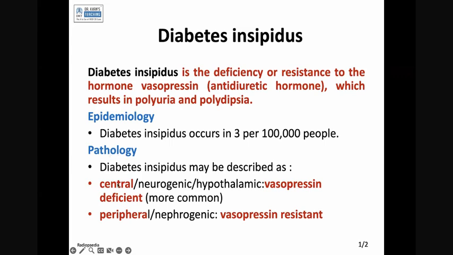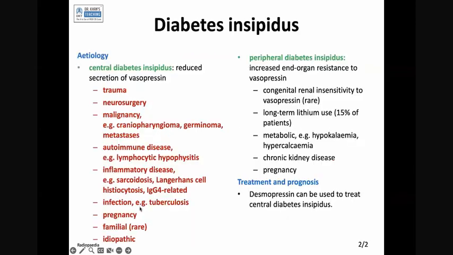There are two types, central and peripheral. Role of imaging is to rule out a central cause of diabetes insipidus. In this case, the vasopressin is deficient. But the peripheral one is by exclusion; we can reach that conclusion.